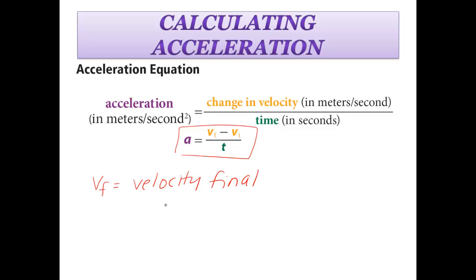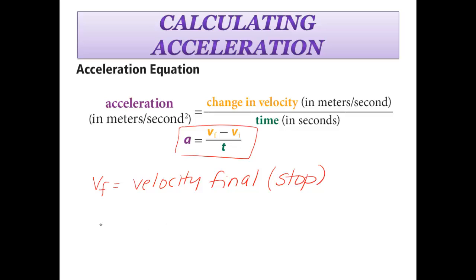Think of that as your stop velocity. Something's traveling and it stops, so that's the velocity it stops at. Or if it's a problem, what did the problem finish at? What was the final velocity of that particular object?